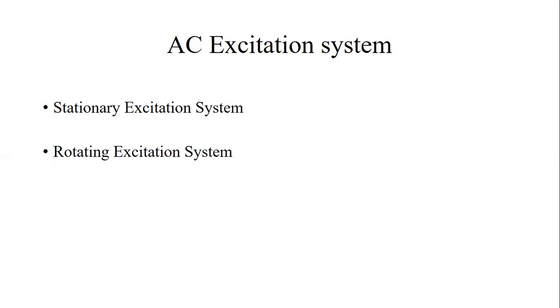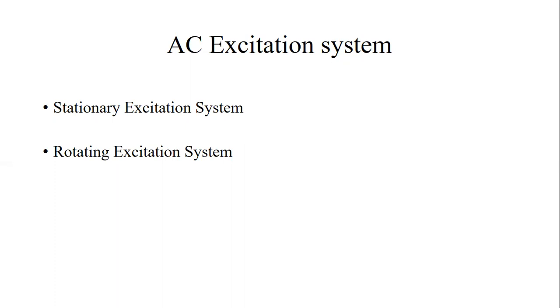The rectifiers may be stationary or rotating. The early AC excitation systems used a combination of magnetic and rotating amplifiers as regulators. Most of the new systems use electronic amplifier regulators. AC excitation system can thus take many forms depending on the rectifier arrangement, method of exciter output control, and source of excitation for the exciter.